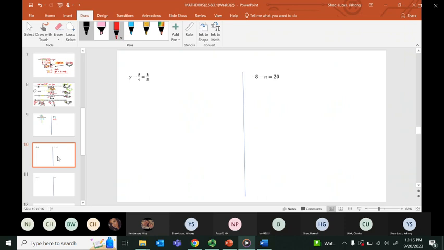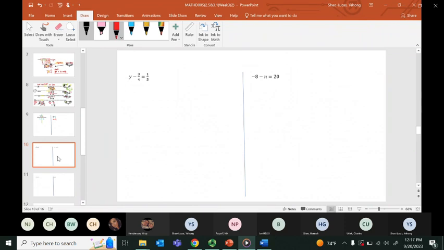All right, first of all, let's decide what operation we're going to do for the first one here. In order to get y by itself, what operation should we do?